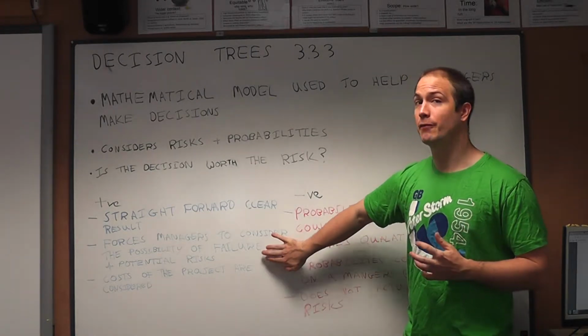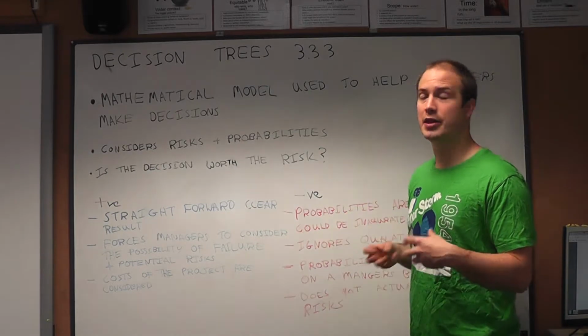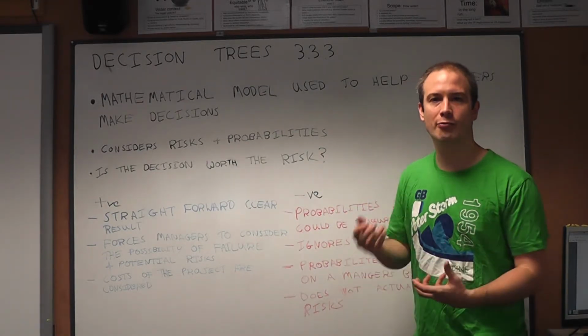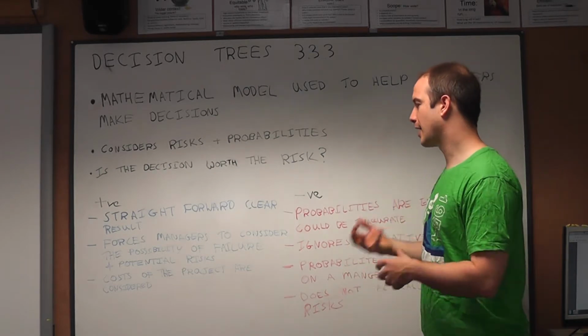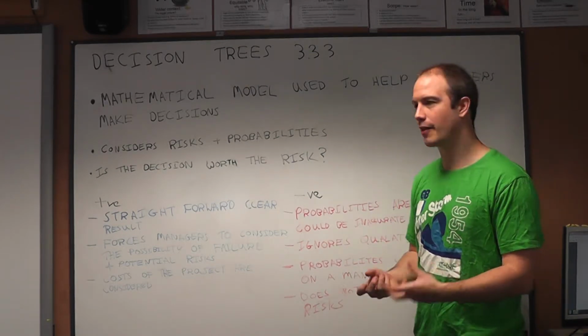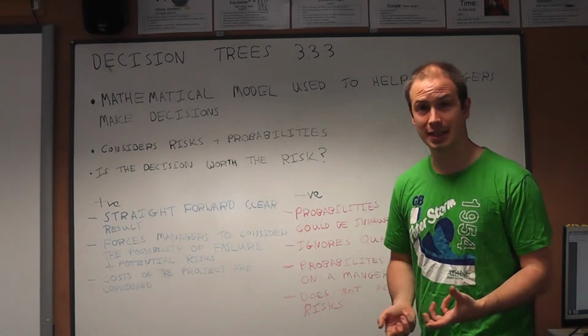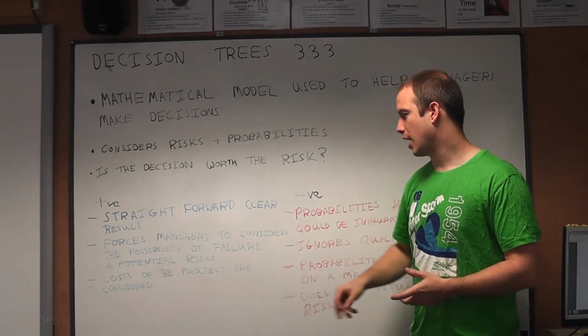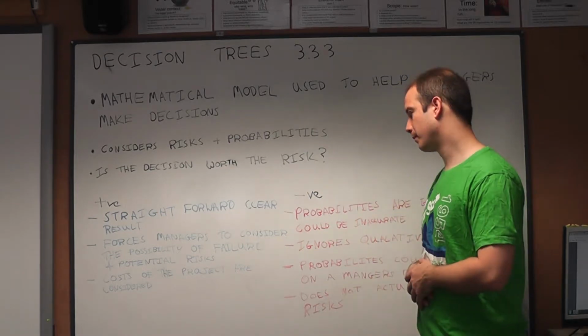A decision tree forces them to consider these things that might not necessarily happen. So if a decision is very risky, going against market forces and things like that, it forces them to consider whether it's going to be successful.